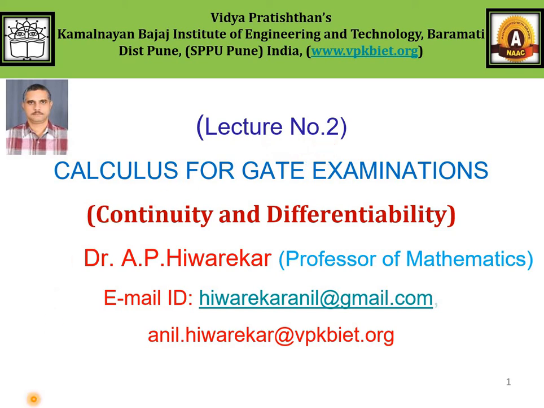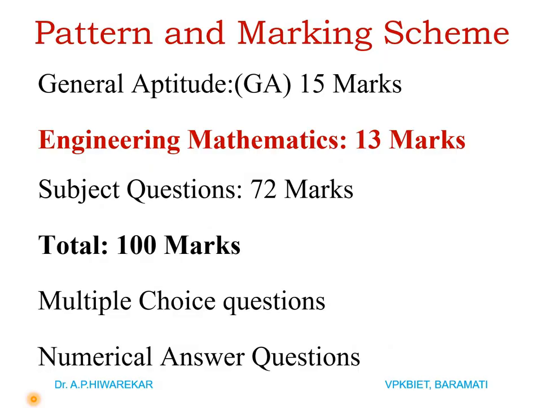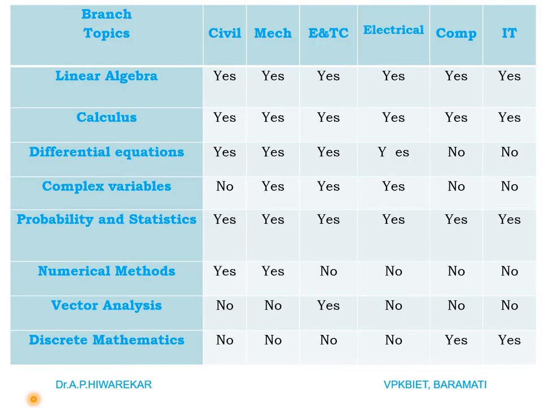So in the first lecture we already discussed the pattern of examination along with the content from engineering mathematics, and we are discussing calculus, which is for all branches of engineering. So these are the branches: civil, mechanical, ENTC, electrical, computer, IT, and other branches also.